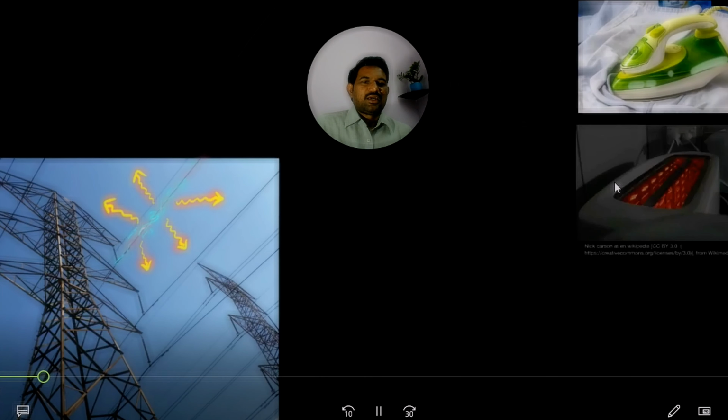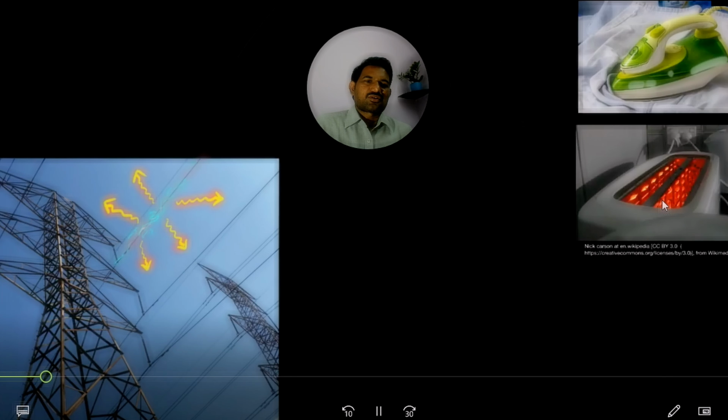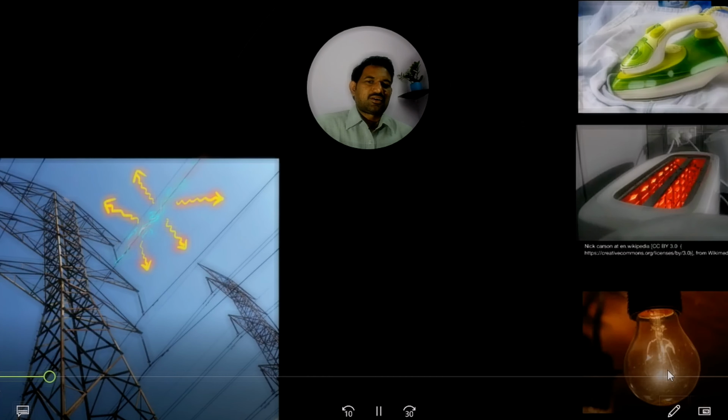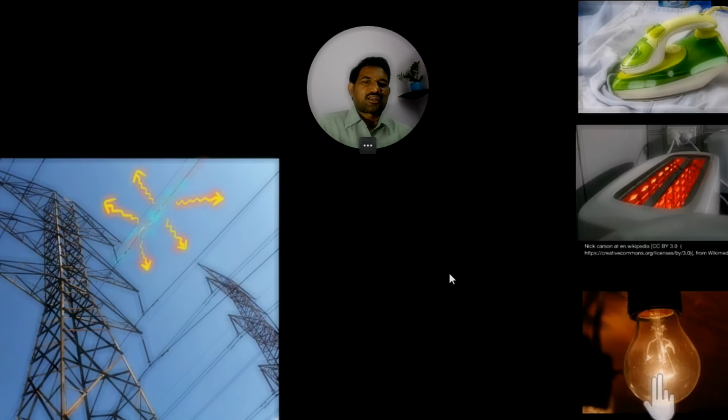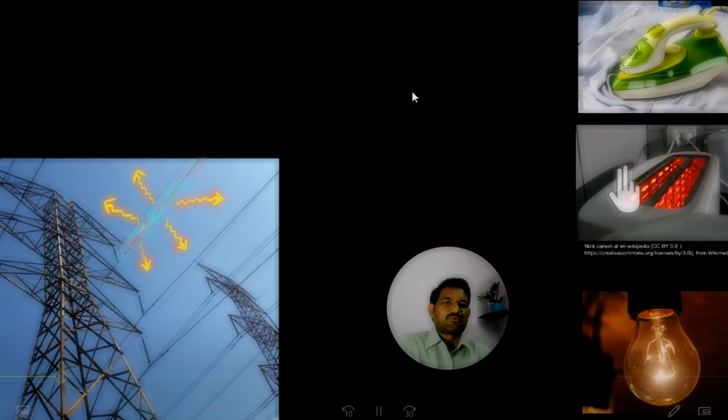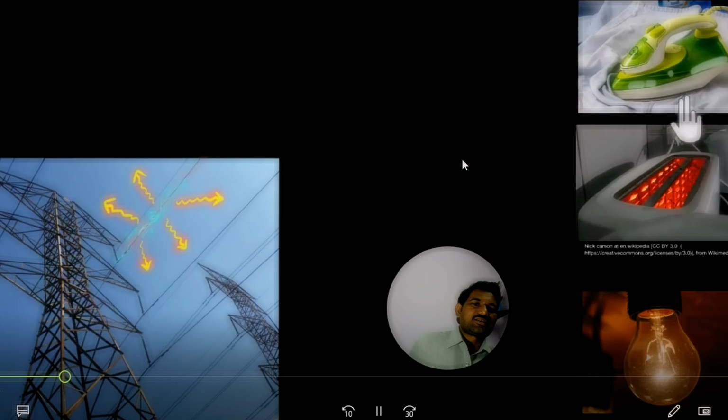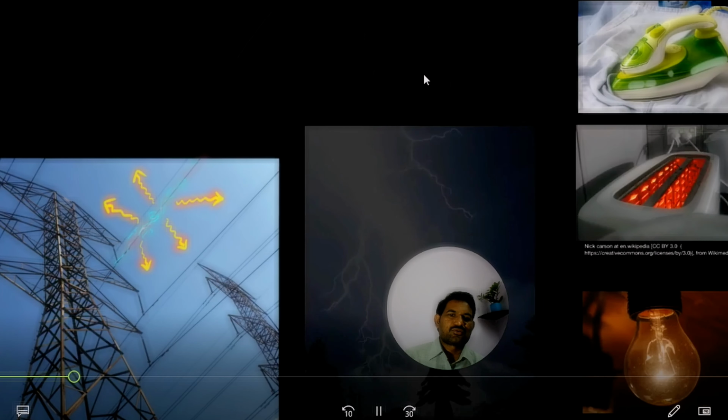The iron box works on the principle of the heating effects of current. The toaster also works on the principle of heating effect, and so does the filament bulb. When current is passing through the filament, heat energy is produced, and because of that heat energy, light is produced.